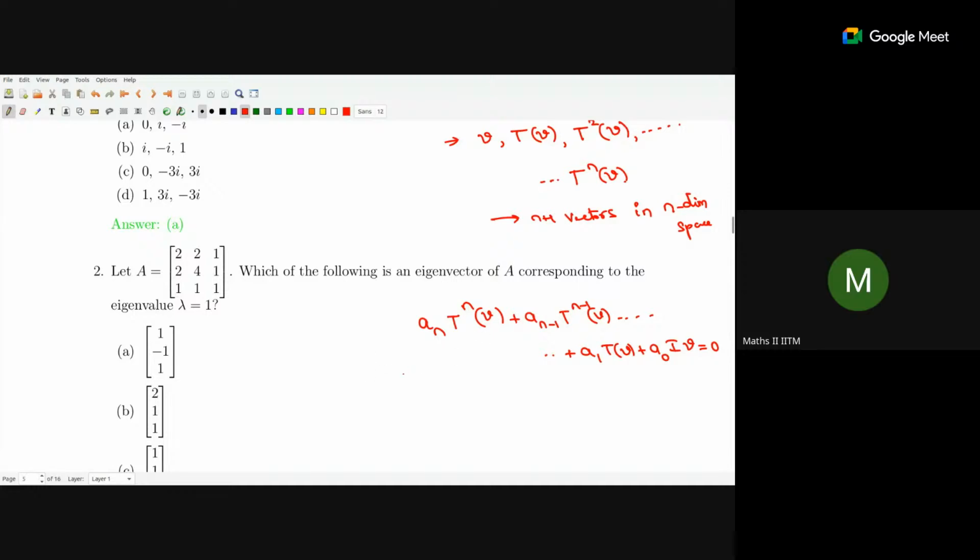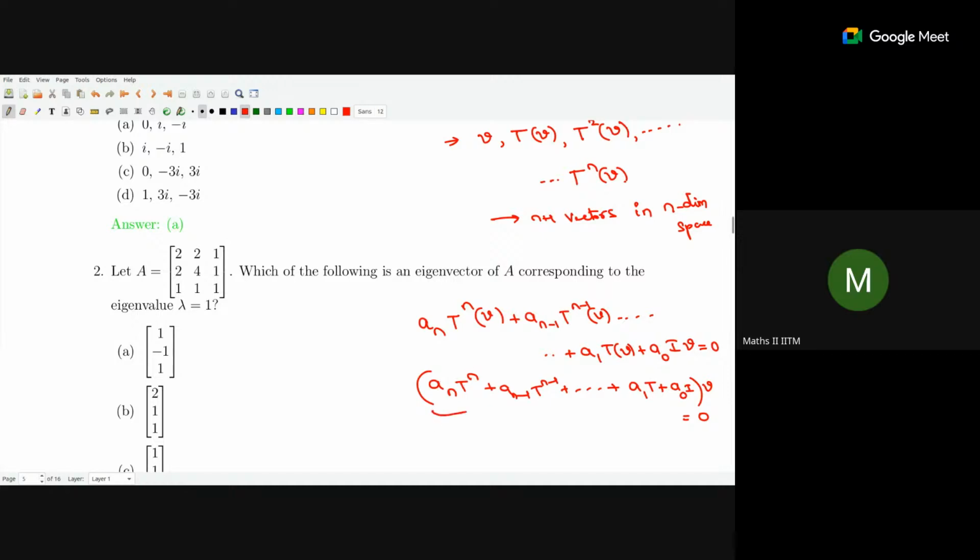Now, what can I do? I can write this as an T^n, so I can pull out this v common out, plus an-1 T^(n-1), and so on, a1 T plus a0 I, of v. Right? So operations on linear operators, I can write it in this way.